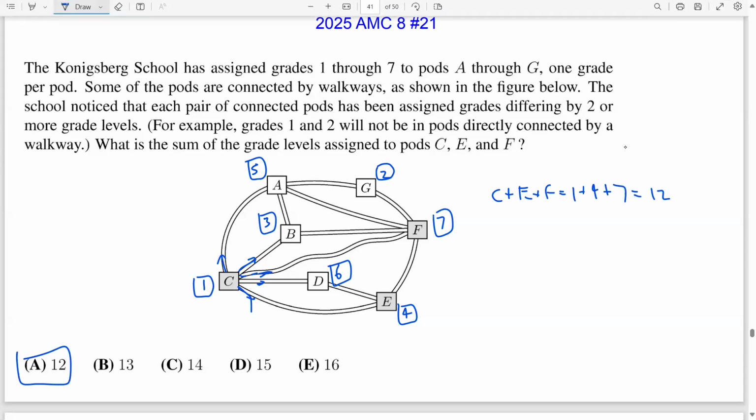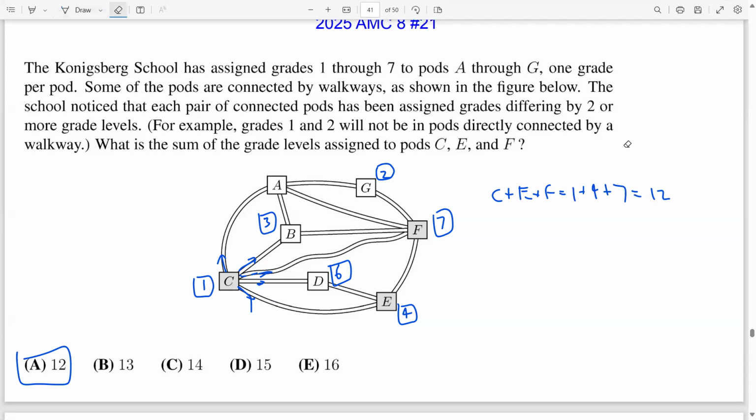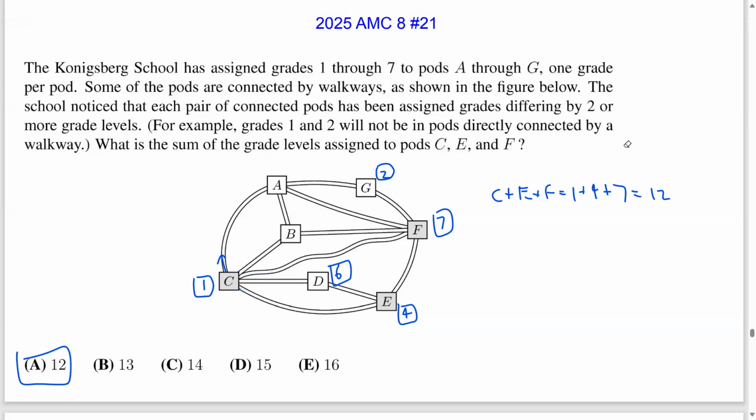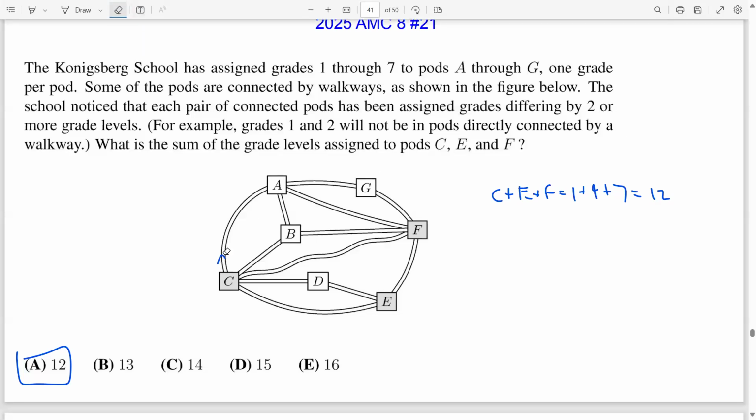Now, as mentioned at the beginning of the video, I stated that we do not actually need to assign any of these grades to the pods because there is a very clever observation that we can make. That observation is as follows.